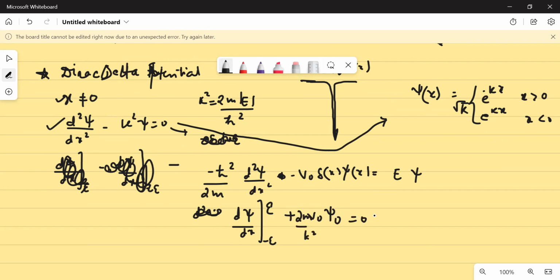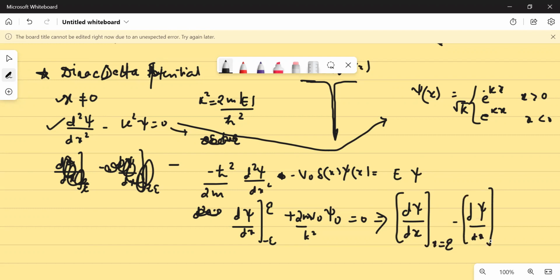What did you find? You found that your first derivative d psi upon dx at x equals epsilon, minus d psi by dx at x equals minus epsilon, is some constant, given by minus 2 m V naught upon h cut square psi naught.